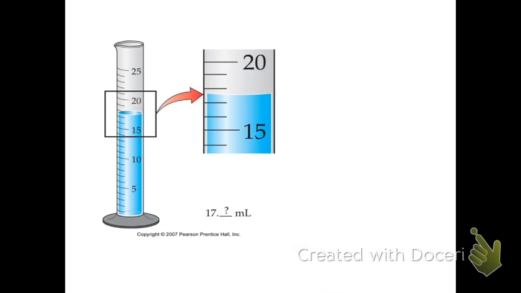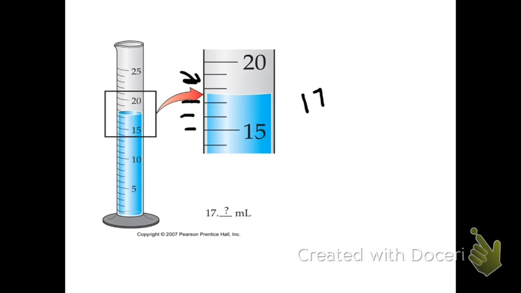Alright, so we know then that there should be two digits that we all agree on, and that's 1 and 7. And that's because you have 15, 16, 17. But we also know that the liquid level is going to be below 18.